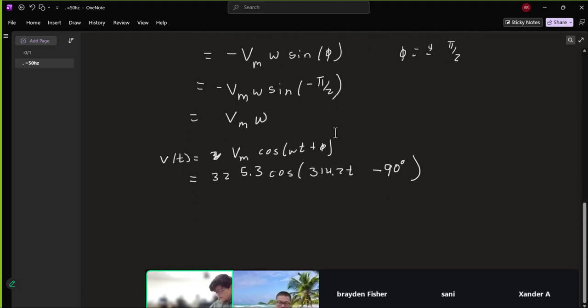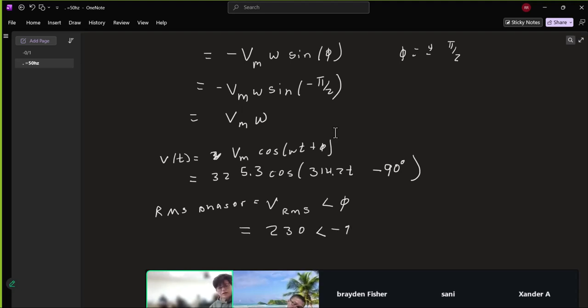And so as a phasor, we would get the RMS phasor equals V RMS angle phi, and V RMS was 230 angle negative 90 degrees.